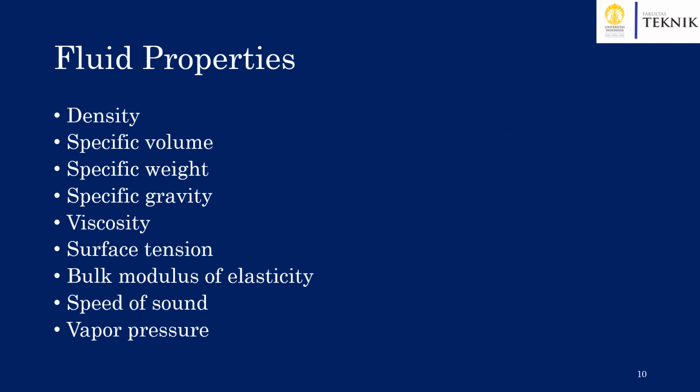Due to the compressibility of a fluid, let's say we give a disturbance to that fluid at a certain point, then that disturbance will propagate inside that fluid at a certain velocity. This propagation of disturbance inside the fluid can be described as the speed of sound, or we know it as c.